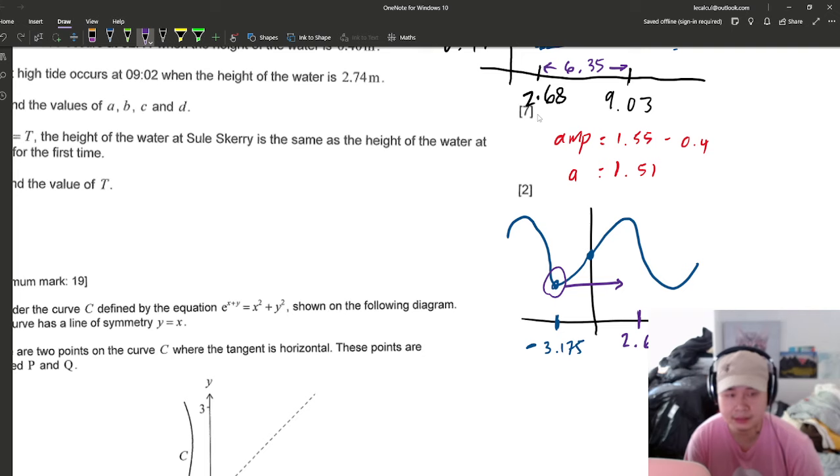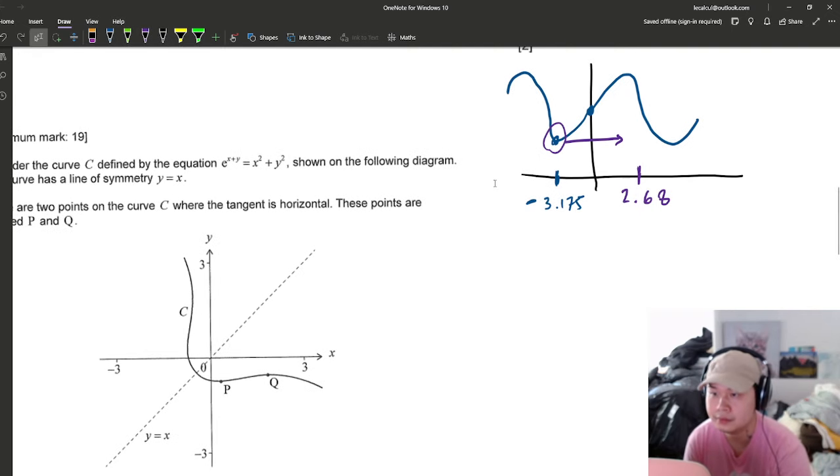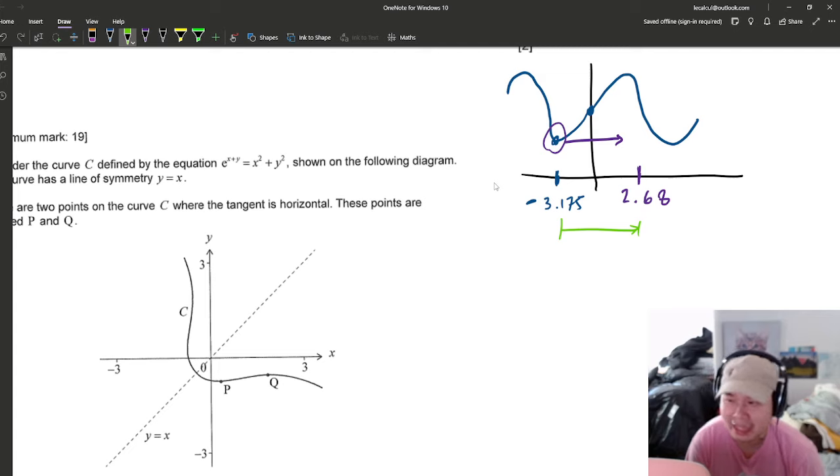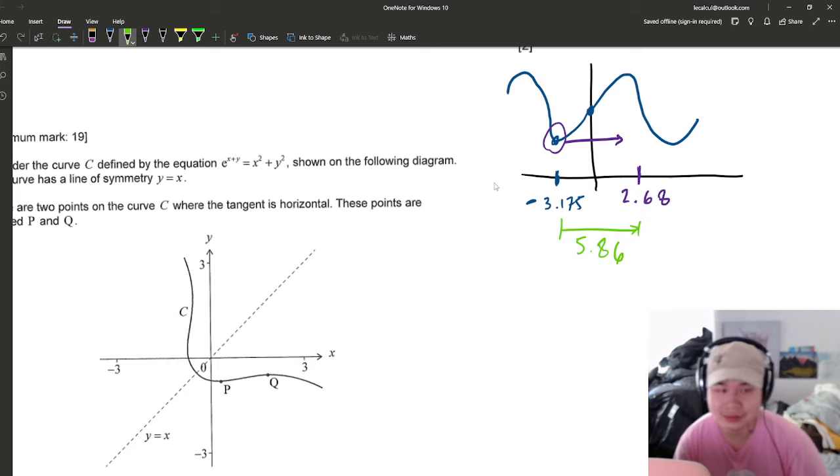And then you can just calculate, right, what's this phase shift to go from here to here, which is like 5.855. Let's just say 5.86 maybe.